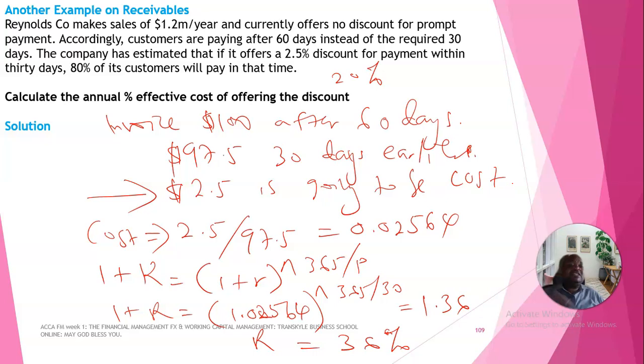However, if we give the discount, the overall effective cost is actually 36%. So if the overdraft rate is 20%, we are better off borrowing more money from our banker and paying an interest charge of 20% rather than 36%.